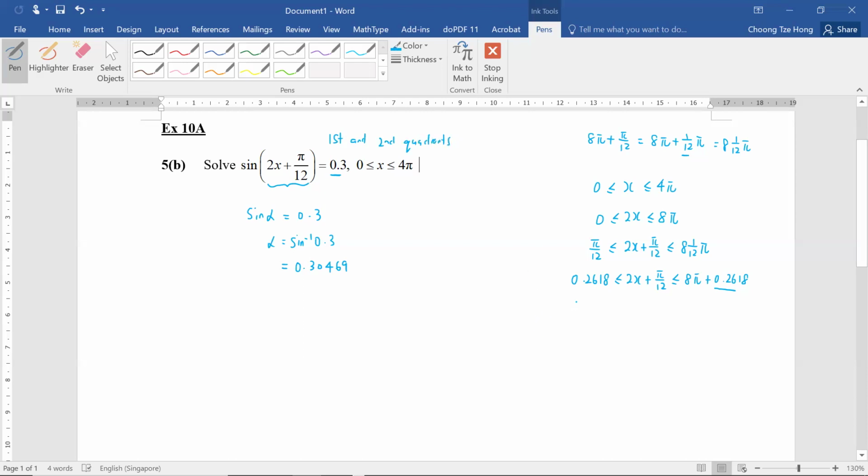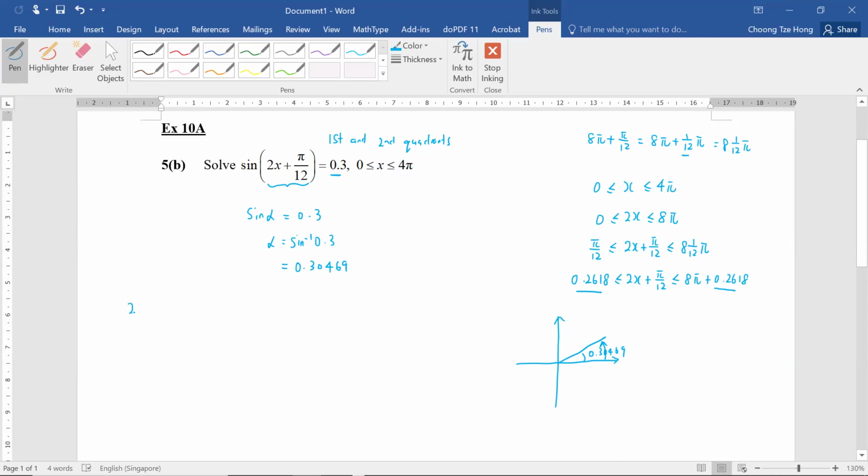The range starts from 0.2618, so in the first quadrant the first angle will be over here, and this angle is 0.30469. This is bigger than 0.2618, so it is within the range, because we want values bigger than 0.2618 and less than 8 pi plus 0.2618 radians. The first general angle is the same as the basic angle.